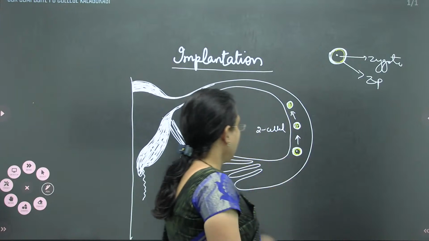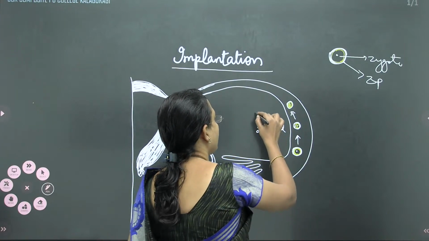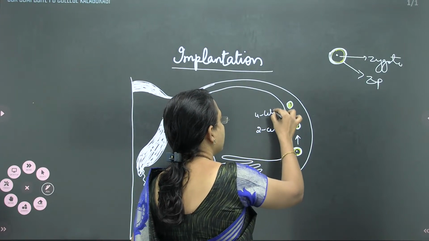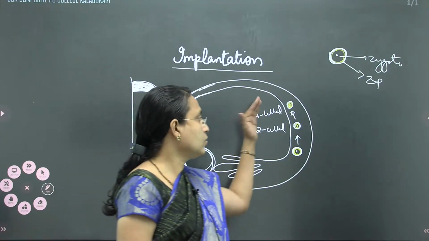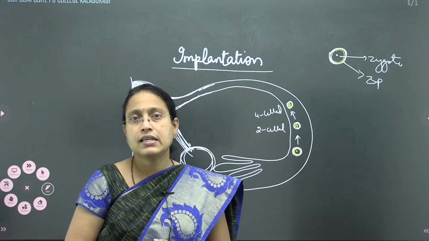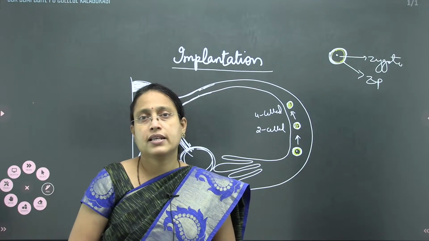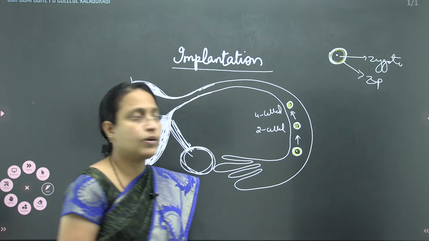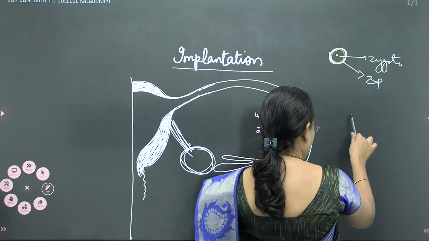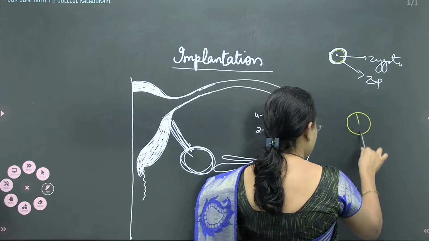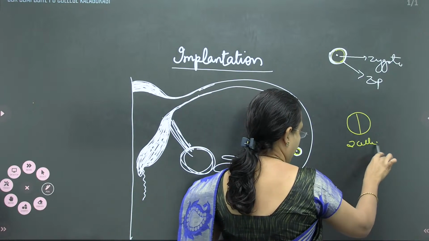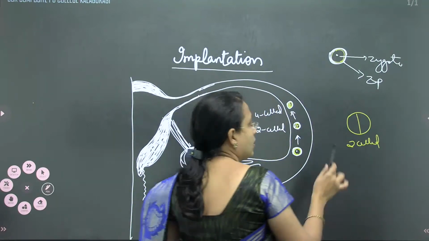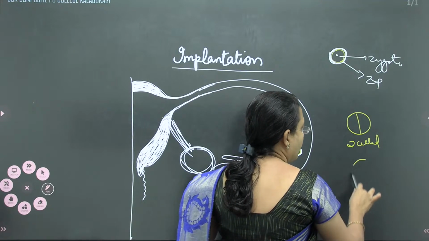Then the two cell stage becomes the four cell stage. Now in human beings, how does the two cell stage become the four cell stage? Asynchronously rather than synchronously. For example, here the two cell stage is already formed, but it will not become the four cell stage at once.